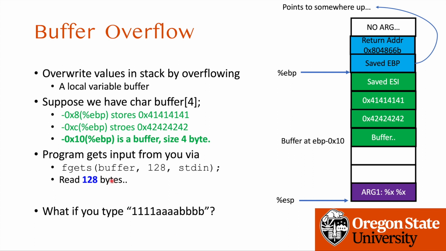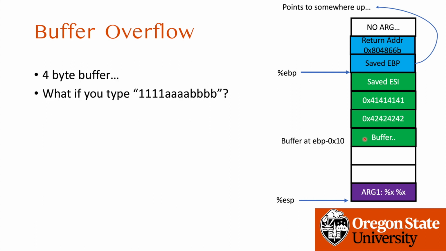So if we put more than 4 bytes, the original size of the buffer, let's take an example of putting 12 bytes, for example 1111, AAAA, BBBB as an input to the buffer. Right now we have a 4-byte buffer and we put 12 bytes.